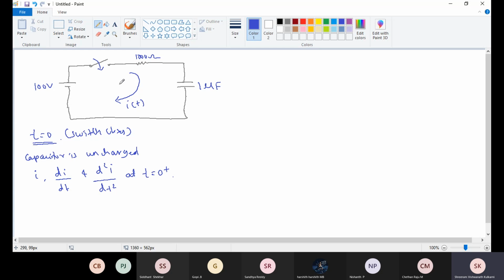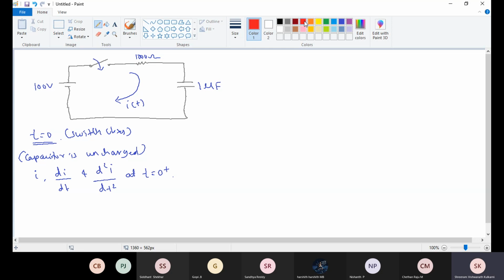What they are saying, the switch is closed at t equal to 0 second with the capacitor uncharged. It means the initial condition for the capacitor, V at 0 minus, is 0. Find the value of i, di by dt and d square i by dt square at t equal to 0 plus.